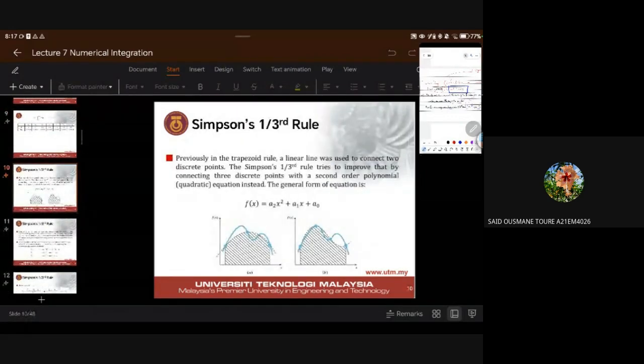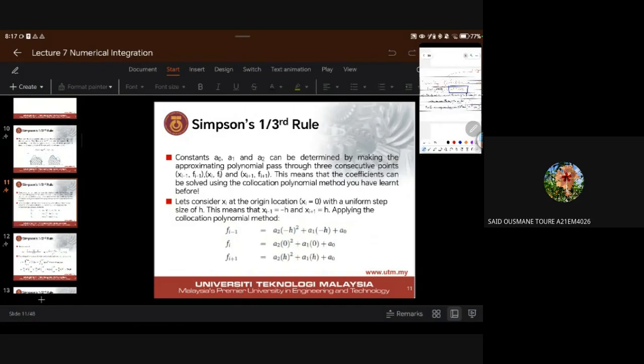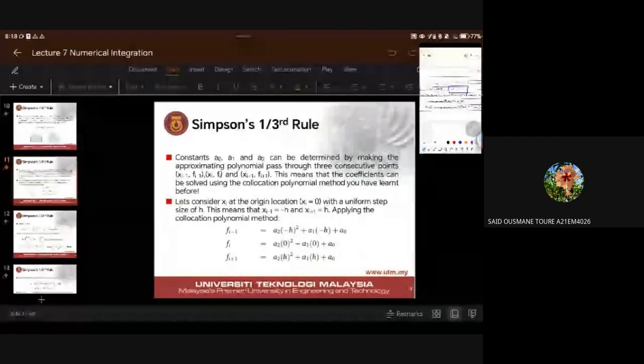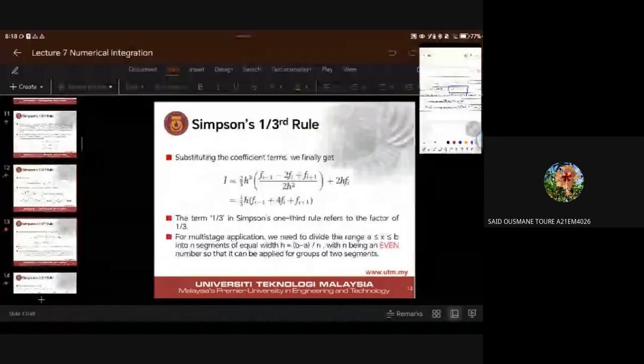What the Simpson 1/3 rule says is that for a quadratic equation, you must have a number n that is an even number.